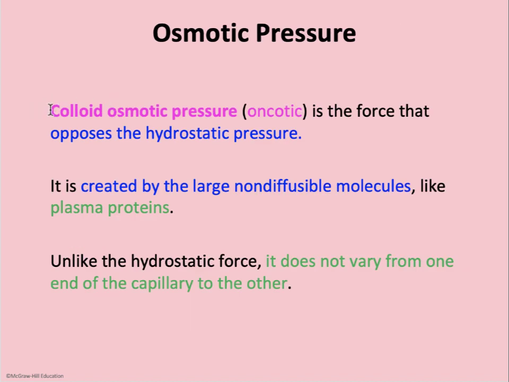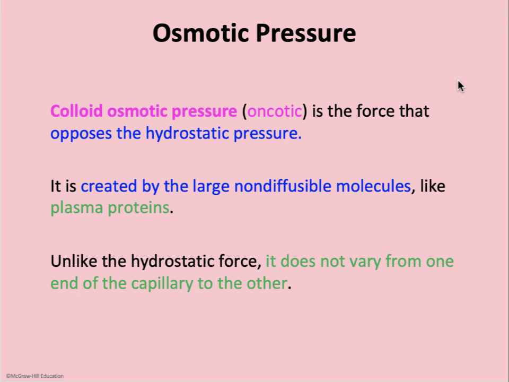The third component is colloid osmotic pressure, oncotic pressure, and that's the force that opposes the blood pressure, the hydrostatic pressure, and this is pressure caused by the proteins present in the blood pulling back on the water component in the interstitial fluid.